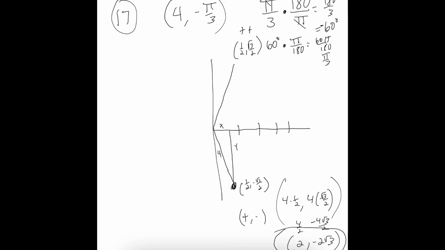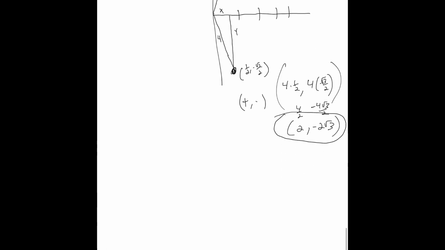Okay, let's do another one. Let's do 18. So 2 comma 7 pi over 6.